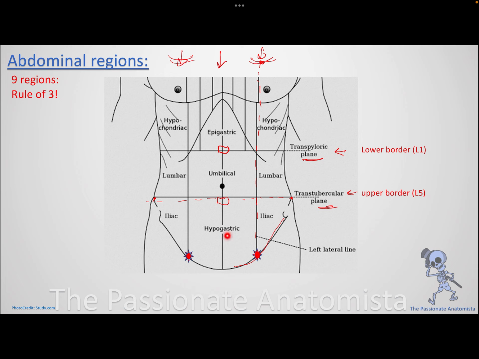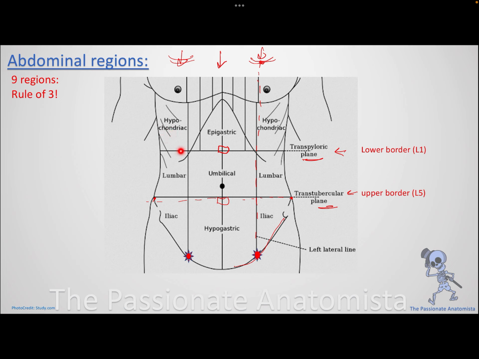There are 3 midline regions: the umbilical, around the umbilicus; above that the epigastric region; and below that the hypogastric region. Then it will give you 2 lateral similar regions, one above, which is below the costal cartilages, and cartilage in Latin means chondria, the chondra kind of term.